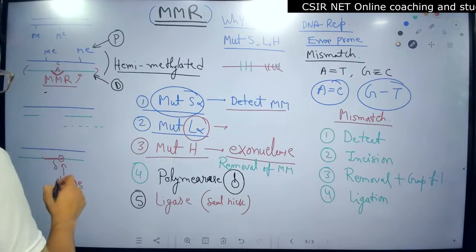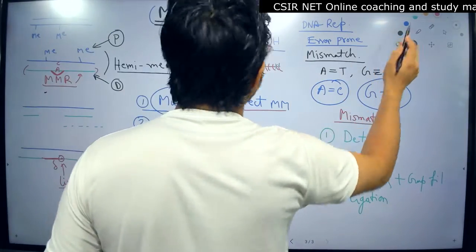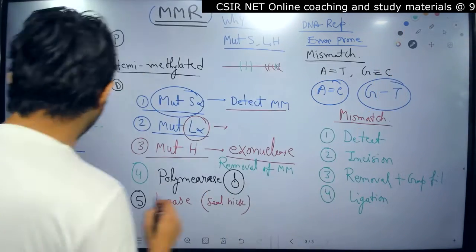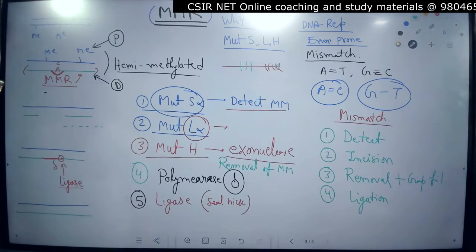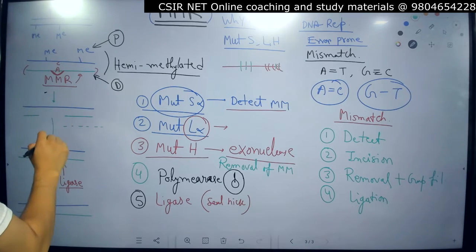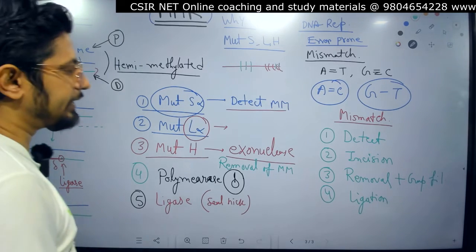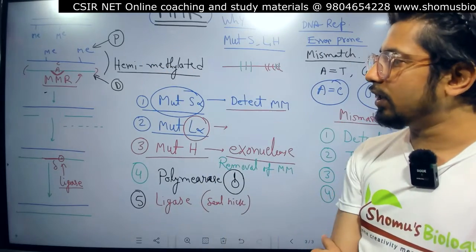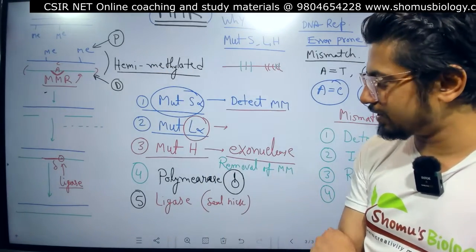Okay, so the sealing is done. At the end, we have the DNA, and both the strands are okay now. These are the steps of DNA mismatch repair, the methyl mismatch repair mechanism.